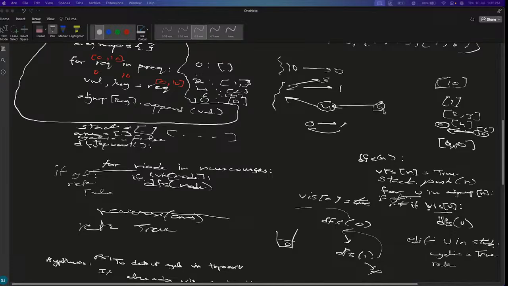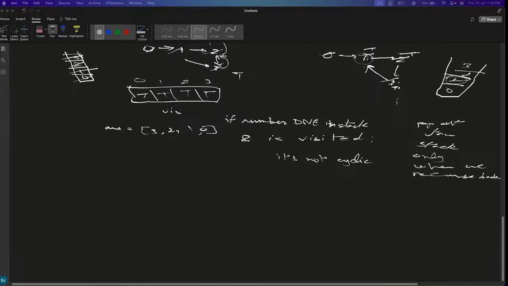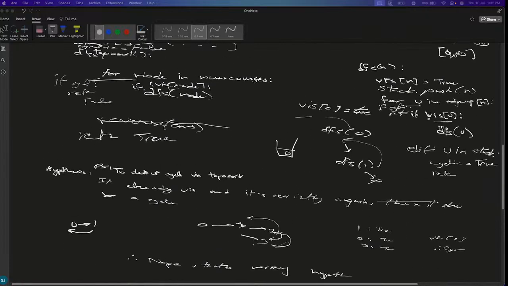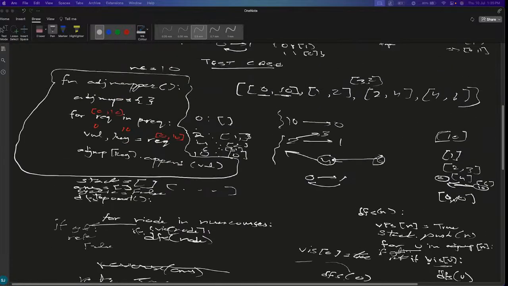Hold on. I'm gonna write this code myself first, and then we can do something about it, right? So I'll create a definition of mapper.